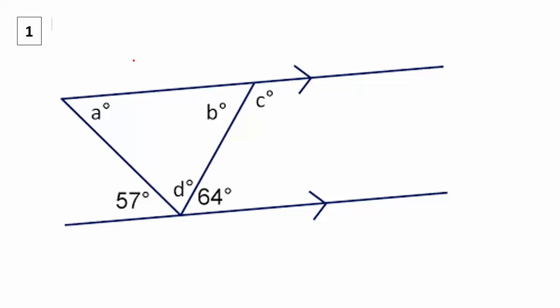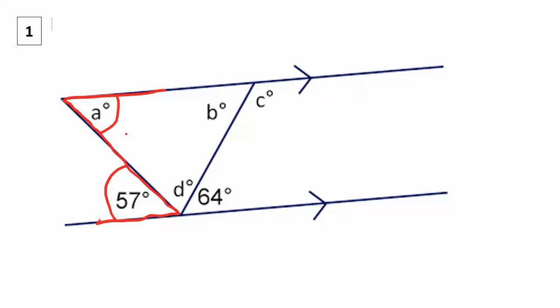Let's have a look. We don't necessarily have to start with angle A, but let's have a look at angle A, and I can immediately see I've got a lovely Z shape over here. I'm going to try and draw it as smooth as I can. Our rule says that the angles formed between two parallel lines, we call them alternate angles, are equal.